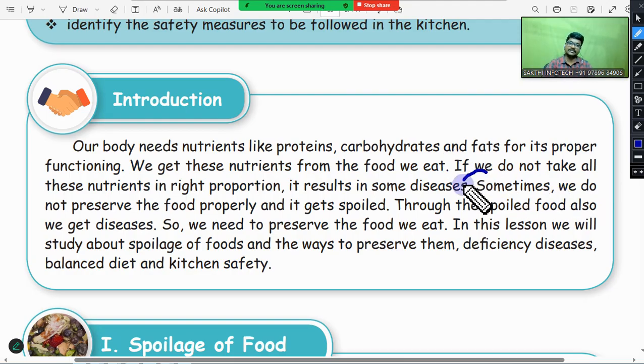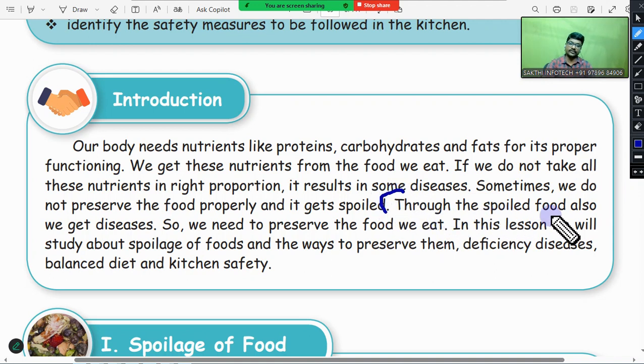Okay, next sentence. Sometimes we do not preserve the food properly and it gets spoiled. Say two times. Next sentence.